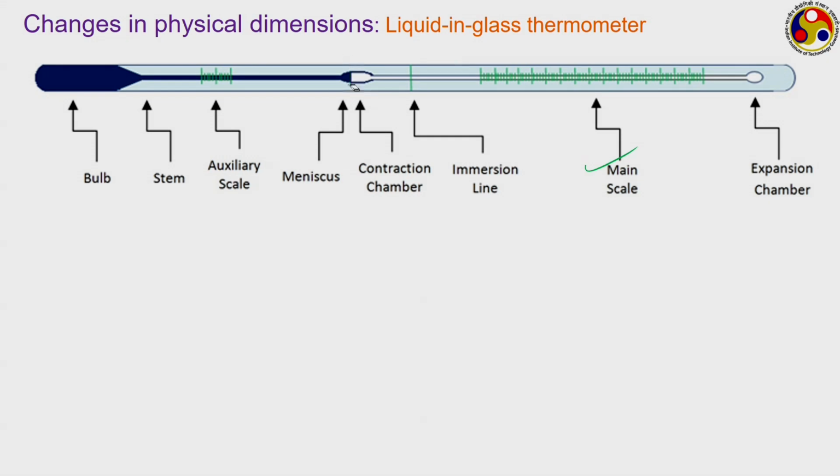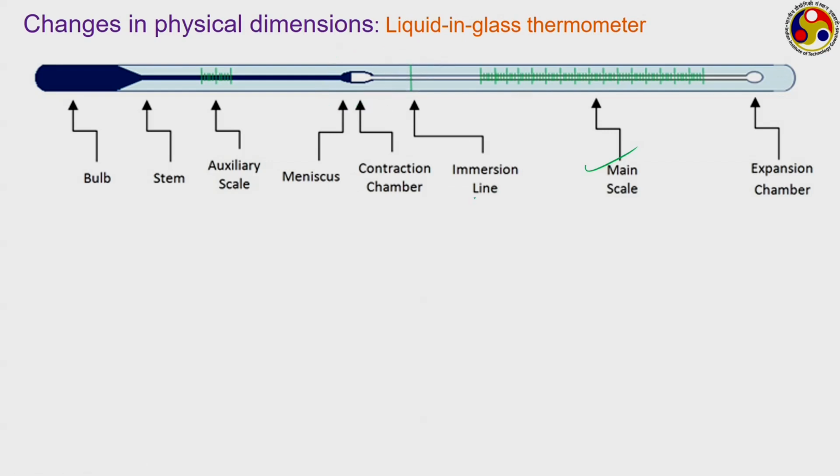Then we have this contraction chamber. This contraction chamber is again an optional item, optional in the sense that it provides a slightly expanded volume within the capillary tube, so that we can manage the total volume of liquid that is going into the main capillary towards the main scale, thereby controlling the total height of the liquid column.